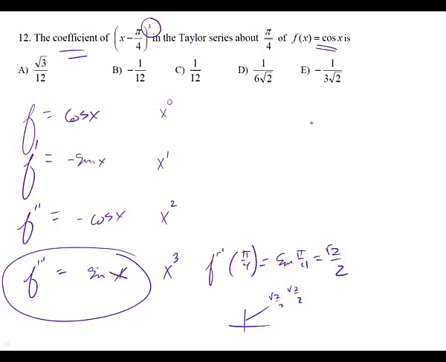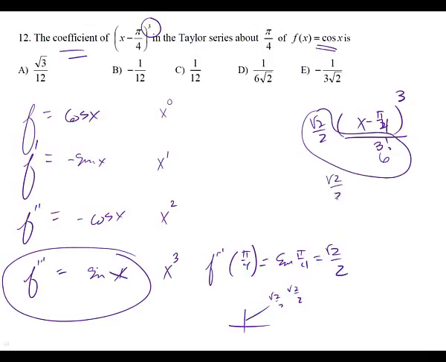Okay, so now I'm going to set up what I would normally do in a Taylor polynomial. And when we do that, we also have to divide by what? 3 factorial. What's 3 factorial? 6. So couldn't I multiply this stuff together?